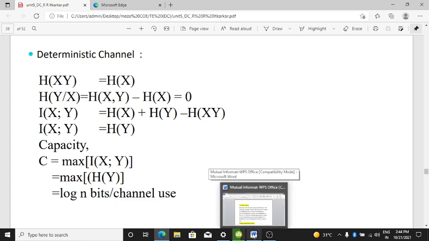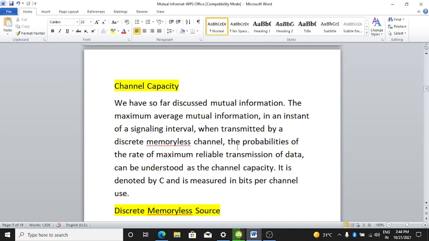We see this channel capacity in detail here. Channel capacity: we have so far discussed mutual information.